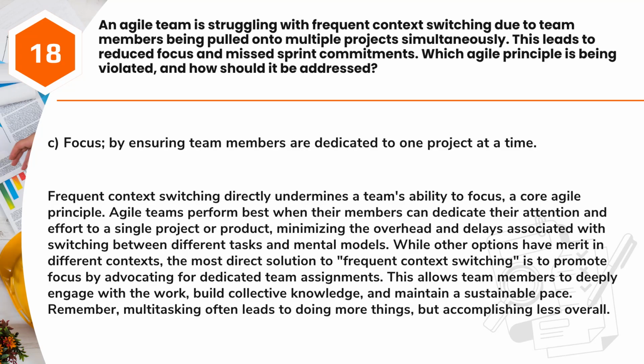While other options have merit in different contexts, the most direct solution to frequent context switching is to promote focus by advocating for dedicated team assignments. This allows team members to deeply engage with the work, build collective knowledge, and maintain a sustainable pace. Remember, multitasking often leads to doing more things, but accomplishing less overall.